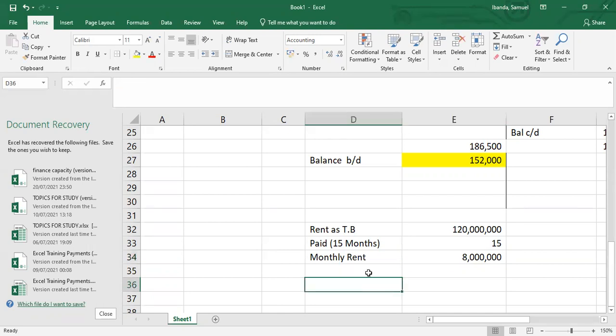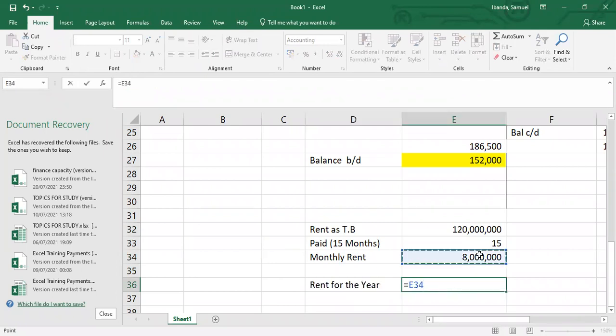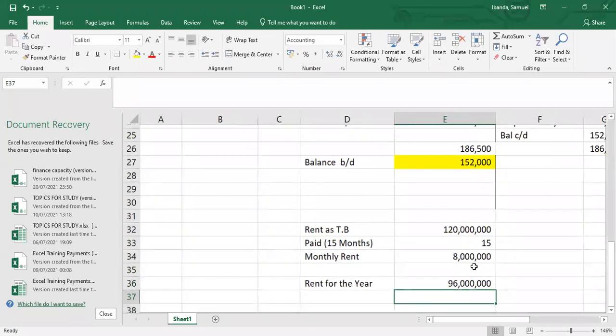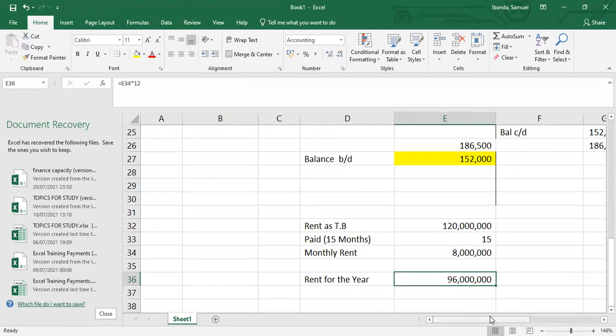So if the trial balance has 120,000, and this is the rate that accrues for the year per month, my rent for the year will be the 8 million times 12. So my trial balance should have 96 million, not 120 million.